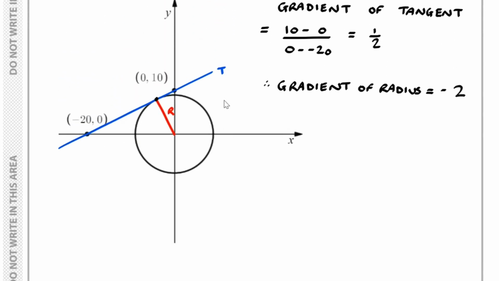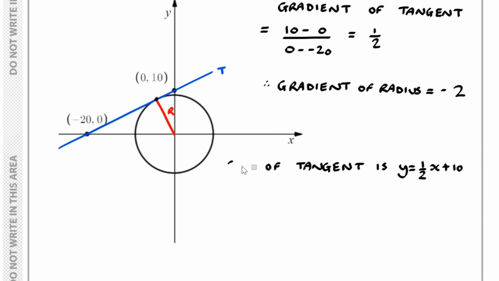Well, first of all, the equation of the tangent, that will equal, well, if the gradient's 1/2 and it passes through the point 0, 10, the equation of the tangent will be y equals 1/2 x plus 10.